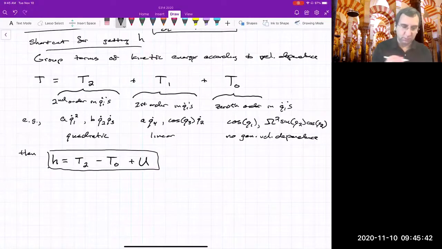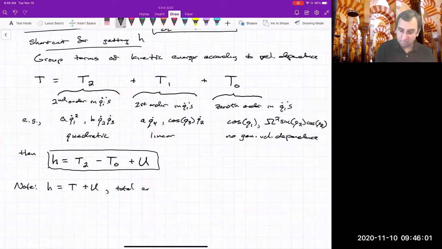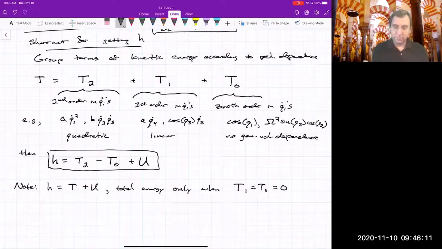So this is a really useful shortcut. And what are some things to note? This is not the total energy unless we've got certain cases. So note, H equals T plus U, meaning H is the total energy, only when the first order and the zeroth order terms are both 0, that is, if T equals T2.